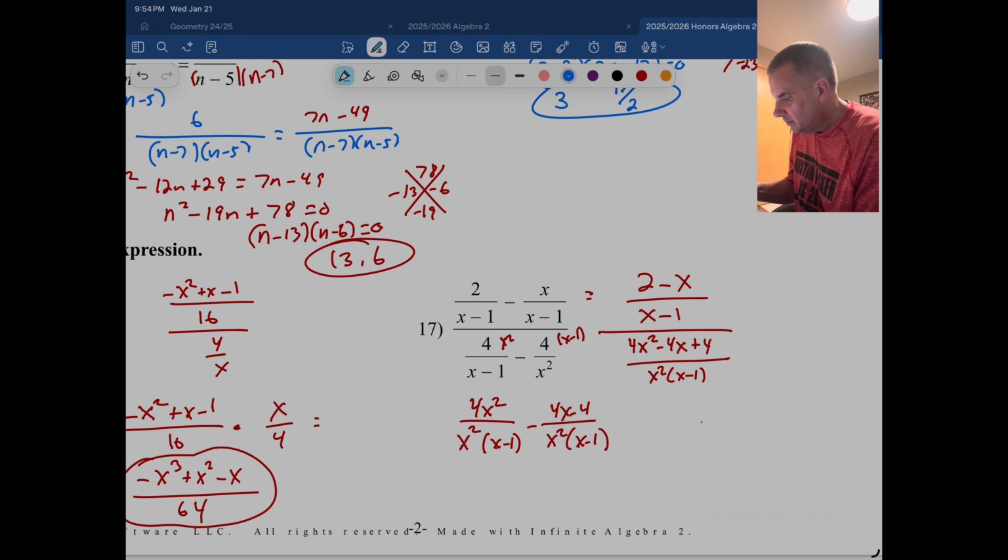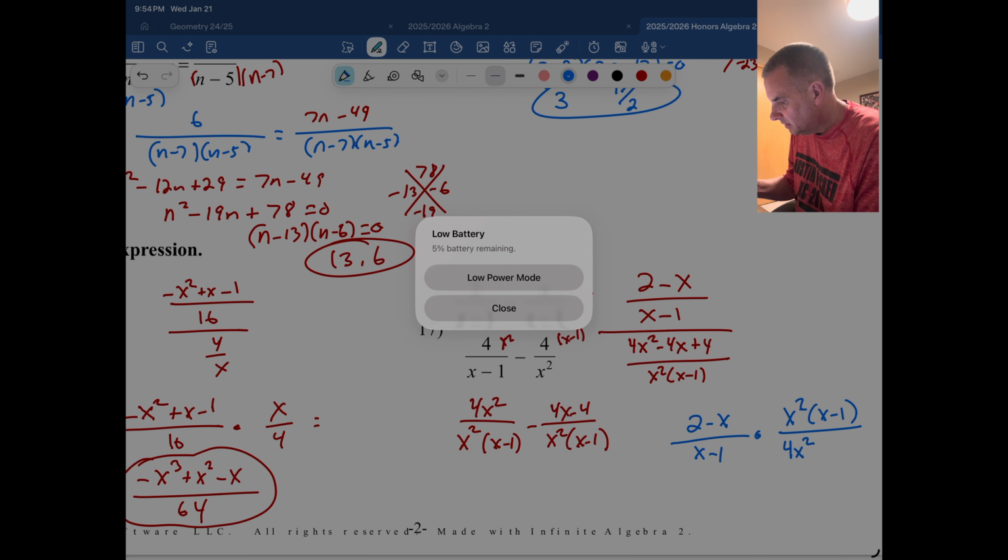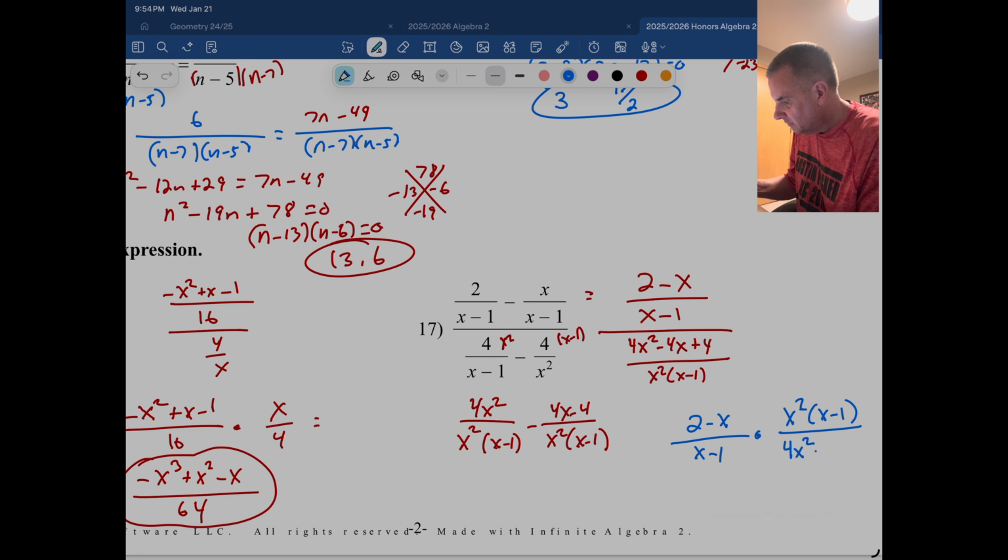So that's 2 minus x over x minus 1 times x squared times x minus 1 over 4x squared. We got 5% battery left. Minus 4x plus 4.